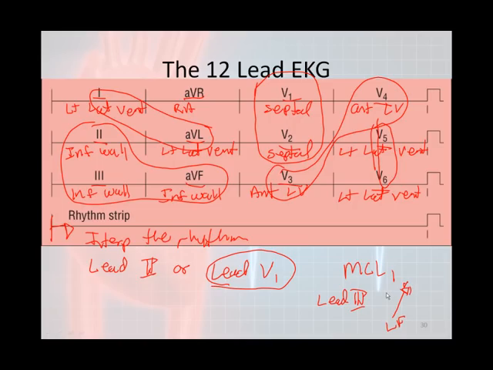This is what would happen to look at the V1 lead. V1 would be the positive, the left arm would still be considered negative, but it would get us as close to V1 as it would. So rhythm strips are usually, for that reason, lead 2 or lead V1.